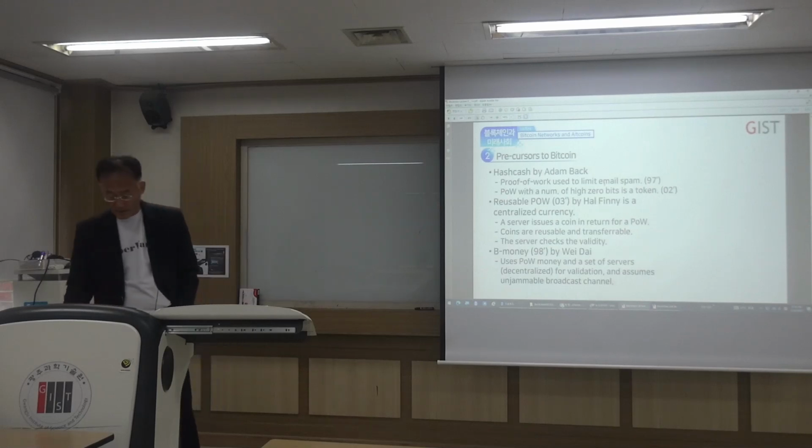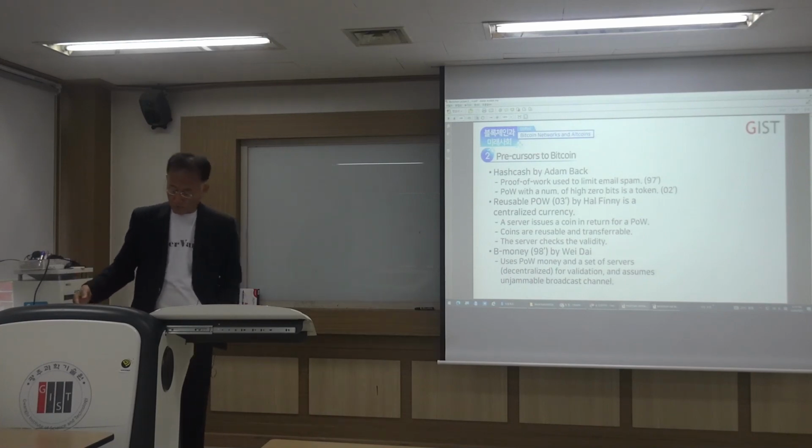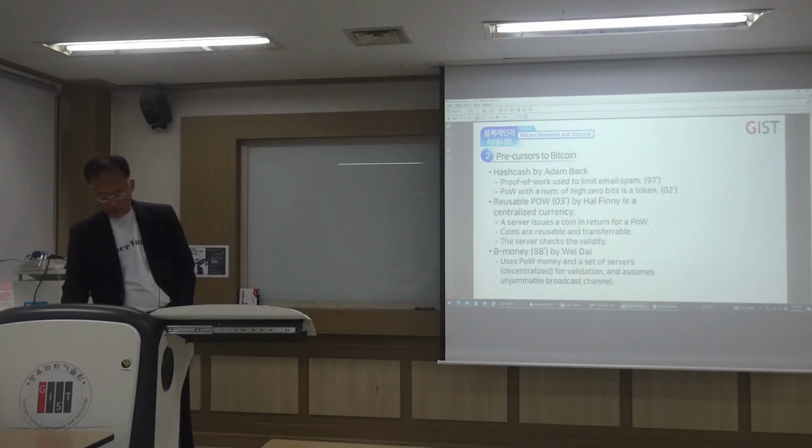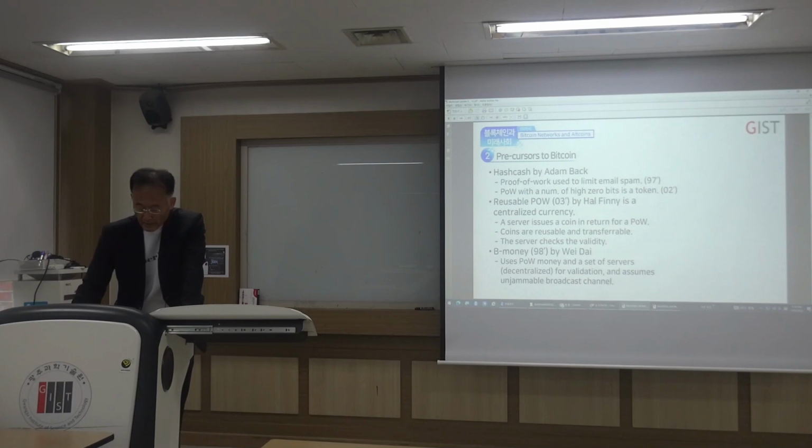And then high zero bits, like what we have studied in this class, leading zero bits can be used to create these good and bad hashes, and then he was using it as a token, all right? And then reusable POW by Hal Finney, he's trying to utilize this POW as a currency.